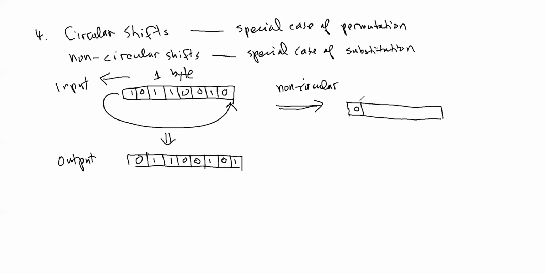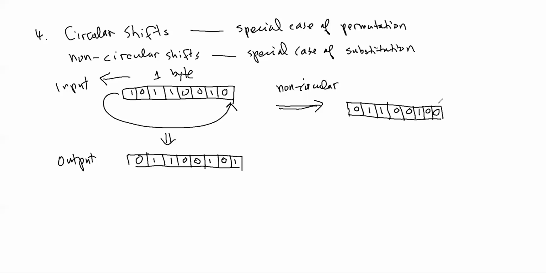So what I get is 0, 1, 1, 0, 0, 1, 0. Okay, so then there is something here. It's not circular. By default, it will just be filled with 0. So it is another operation.